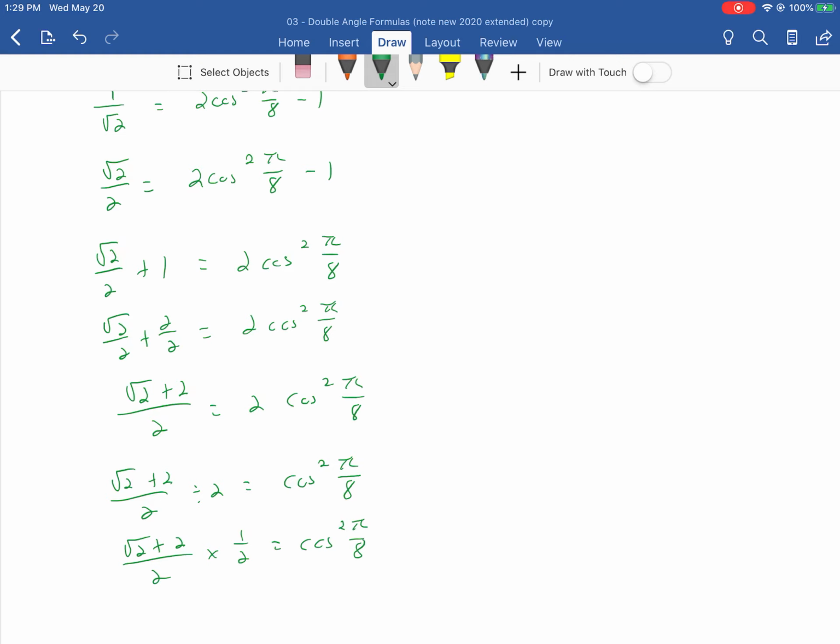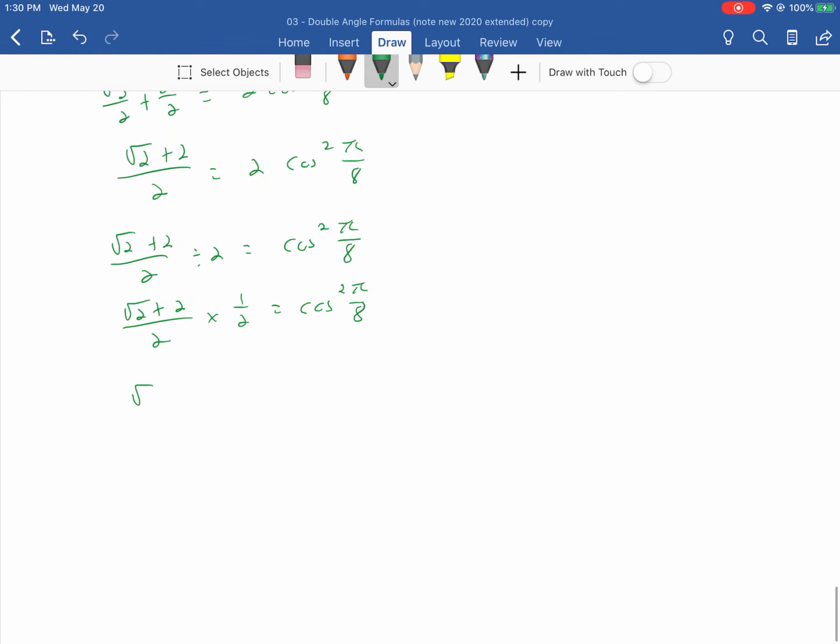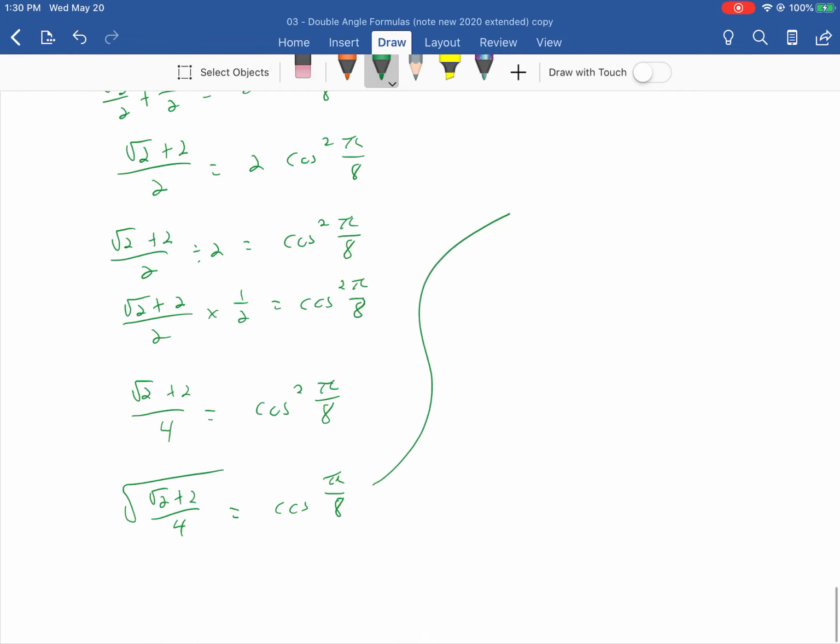And when we say divide by 2, what we mean is multiply by the inverse. And so I get root 2 plus 2 all over 4. And finally, square root. Now I know what cos of pi over 8 is.